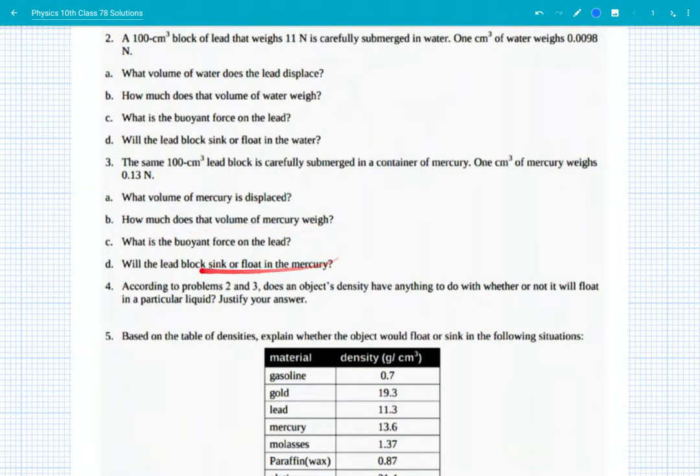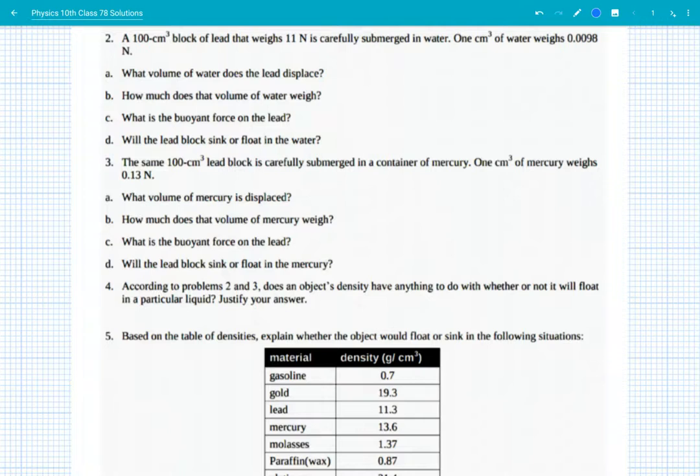C, what is the buoyant force on the lead? Well, this is assuming that the lead is completely submerged and that there's something holding it down and that none of the lead is above the surface. If none of the lead is above the surface, then the buoyant force is going to be the same as the weight of the fluid displaced.